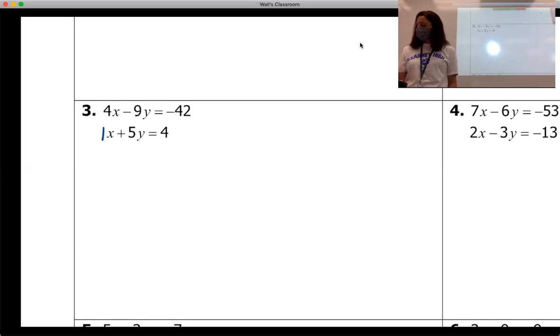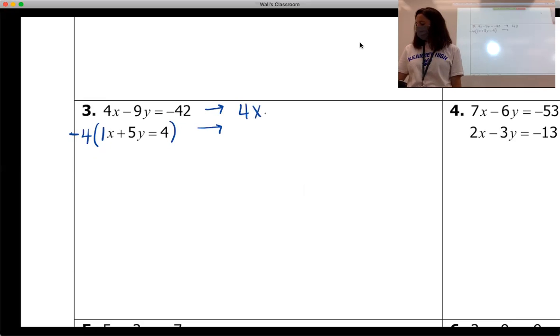Okay, so we're going to multiply that bottom equation by 4. And then I'm going to actually multiply it by -4, because if I multiply it by -4, then they'll be opposites, and I can just add those equations together, and I don't have to worry about the subtraction piece of that, okay?